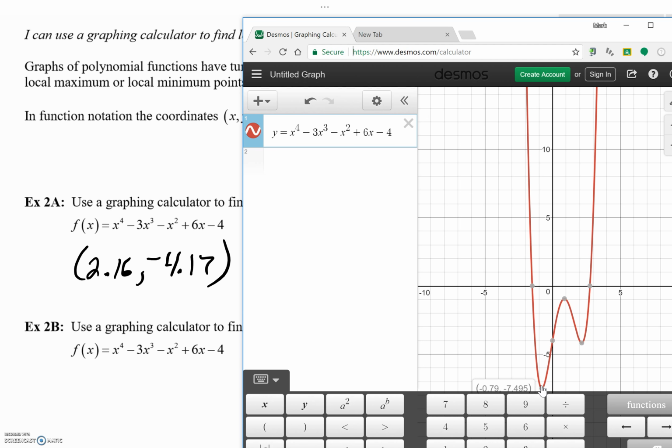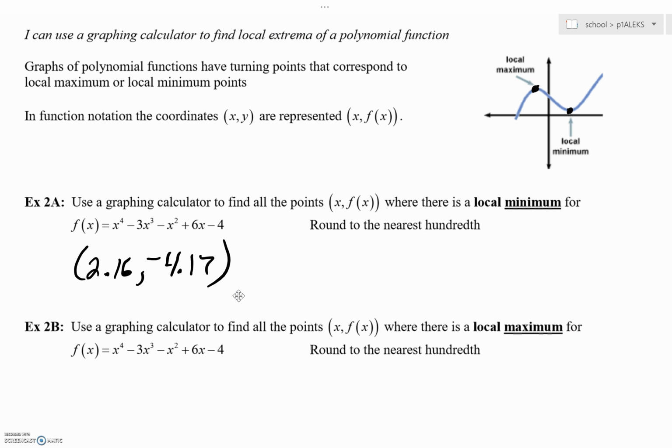Negative 0.79. Now be careful. We've got to round this last part. That's negative 7.495. What would that round to 2 decimal places? Negative 7.50, right? Negative 0.79 and negative 7.50.